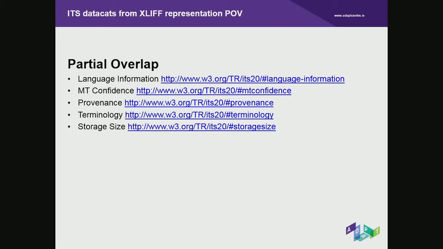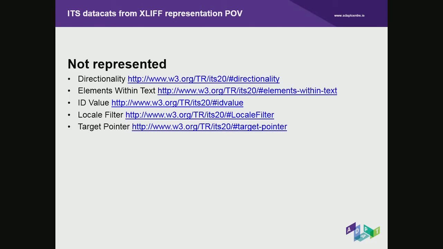We have another bunch of data categories that have partial overlap, so they need to be mapped and given recommendations to be used properly for XLIFF. And we have some data categories that are not represented, but are completely consumed during the process of extraction.